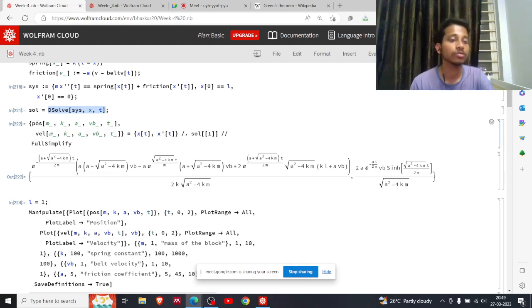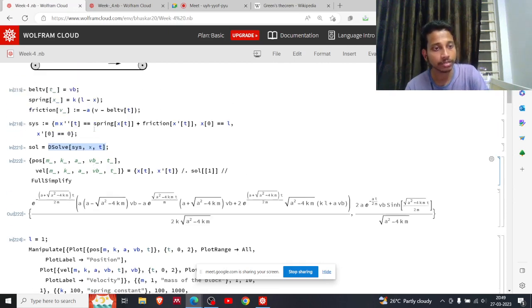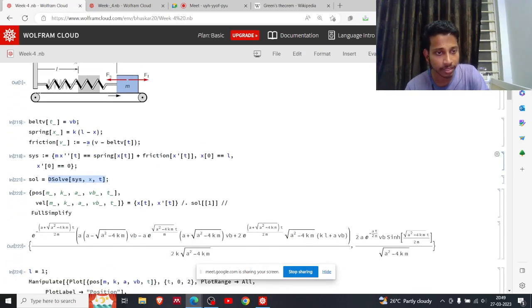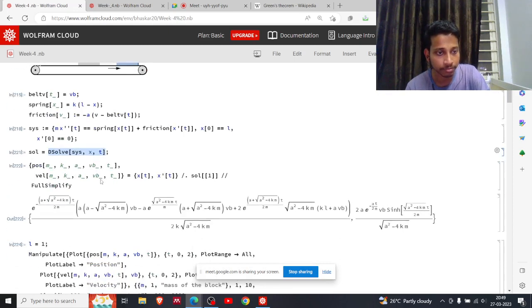These two functions depend on the variables m, k, a, vb, t. So m is the mass, k is the spring constant, a is the damping factor, vb is the velocity of the belt, and t is the time.